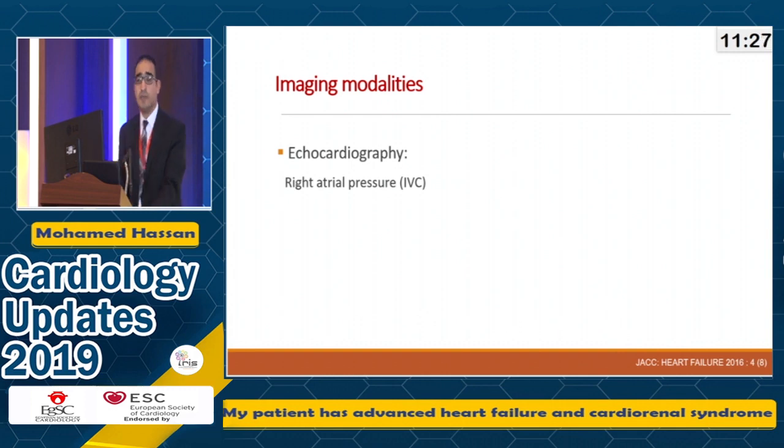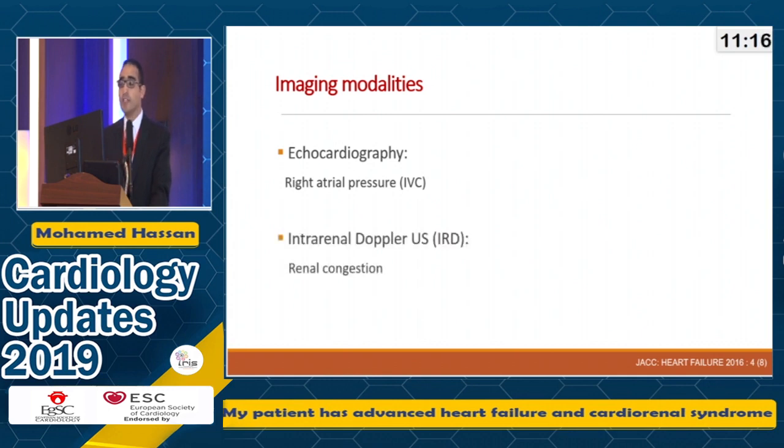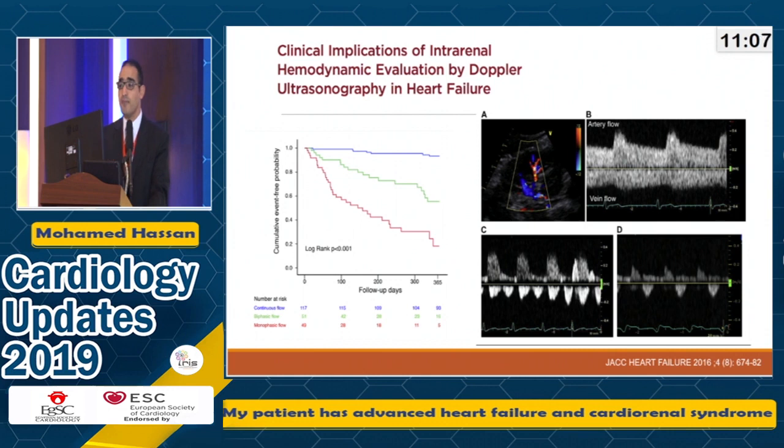What about imaging? We can use echocardiography, importantly, to measure the right atrial pressure by just measuring the IVC size and how it behaves with respiration. And there is also intrarenal Doppler ultrasound to detect how congested the kidney is by simultaneously measuring the intrarenal arterial and venous flow.